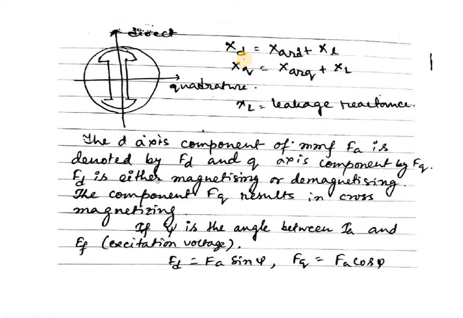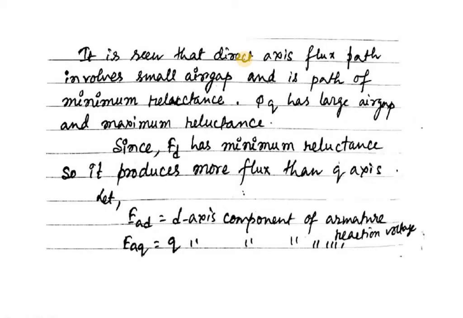The D-axis component of MMF FA is denoted by FD, and the Q-axis component of FA is FQ. FD is either magnetizing or demagnetizing, and the component FQ results in cross magnetizing. If psi is the angle between IA and EF, the excitation voltage, then FD equals FA sin psi and FQ equals FA cos psi.